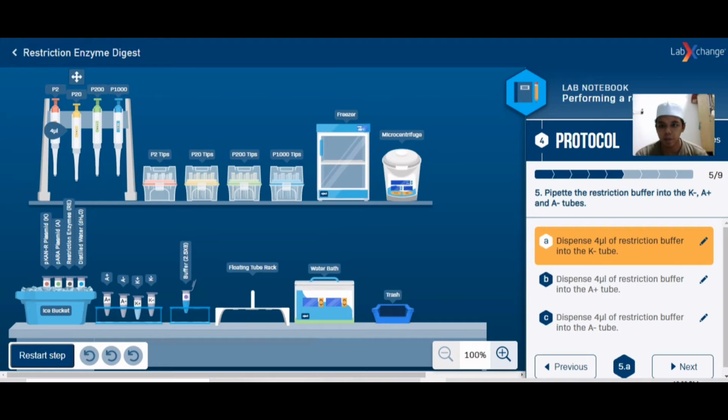Next, pipette the restriction buffer into the K minus, A plus, and A minus tubes. First, we need to dispense 4 µl of restriction buffer into the K negative tube. Need to attach a new tip.